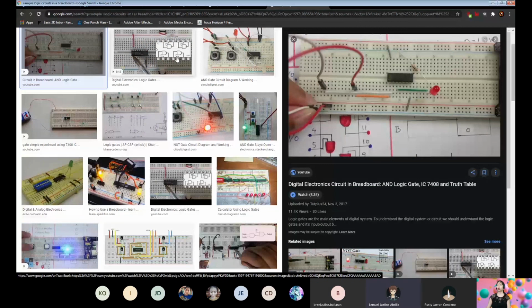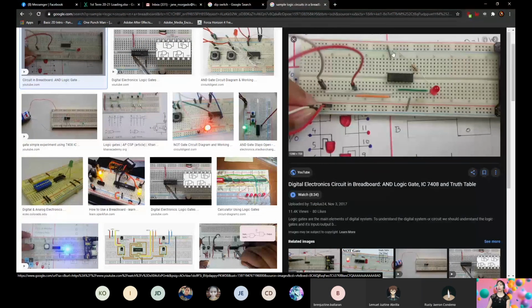Okay. So, ito sana yung gagawin nyo, no? Familiar naman kayo sa breadboard. So, ito yung IC. Dito nilalagay yung IC sa gitna, pati DIP switch. DIP means dual inline packaging. Nilalagay siya sa pinakagitna, kaya may kanal yan.